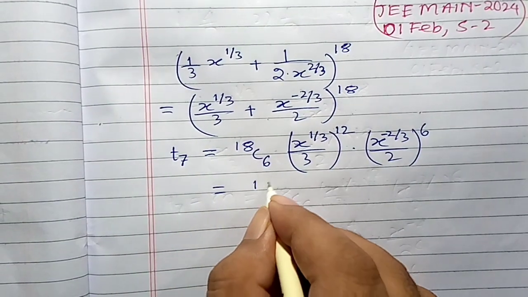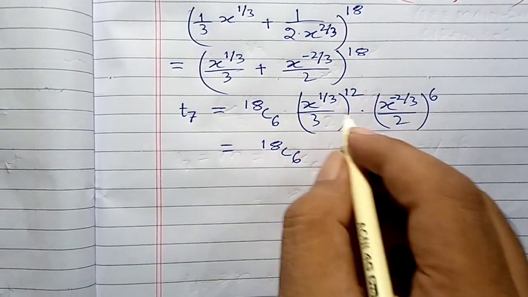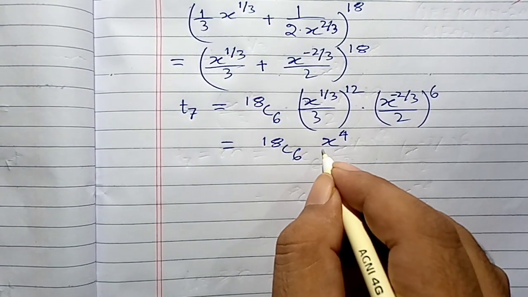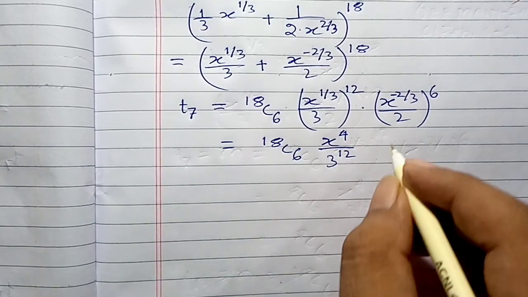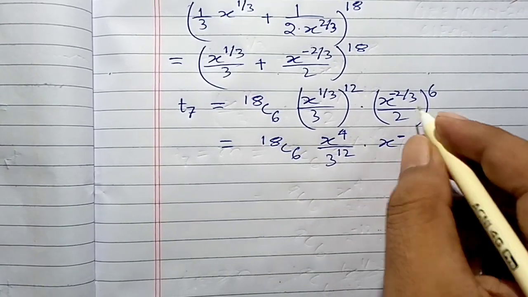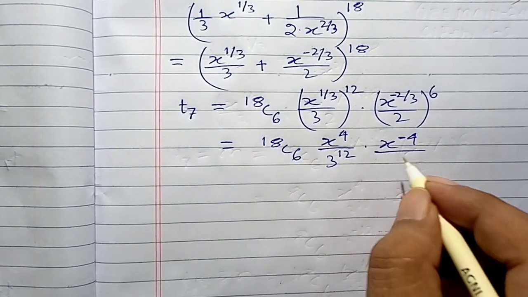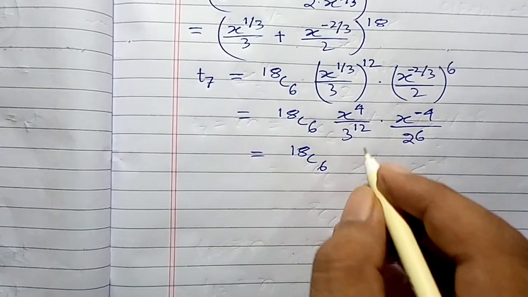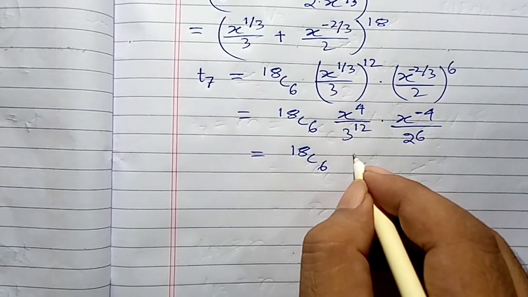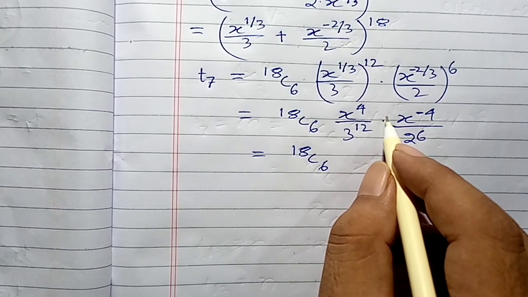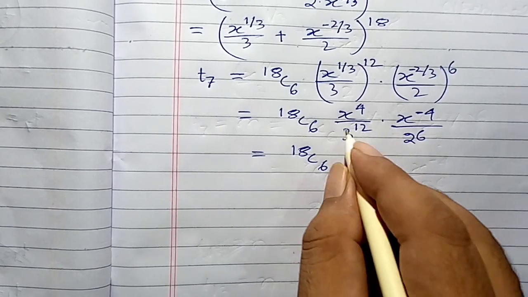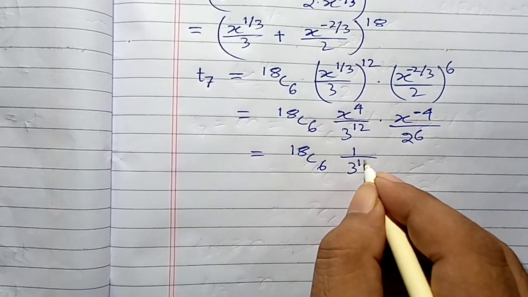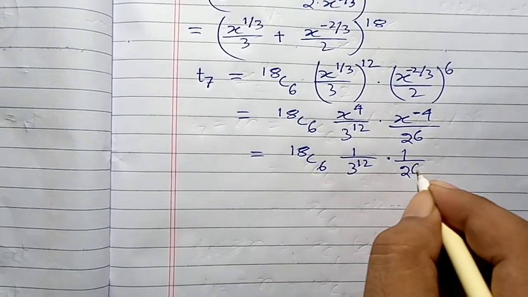This will be 18C6, this will be x to the power 4/3 to the power 12 into x to the power minus 4, this will be 2 to the power 6, so this will be 18C6, this will nullify it, x to the power 0, and this will give x 1, so it will be 1/3 to the power 12 into 1/2 to the power 6.